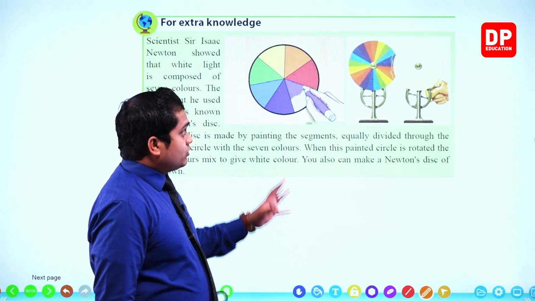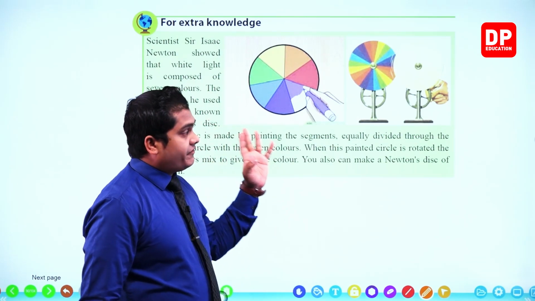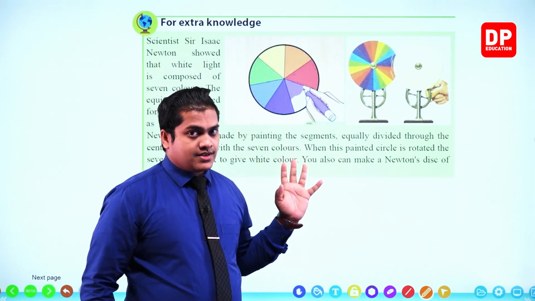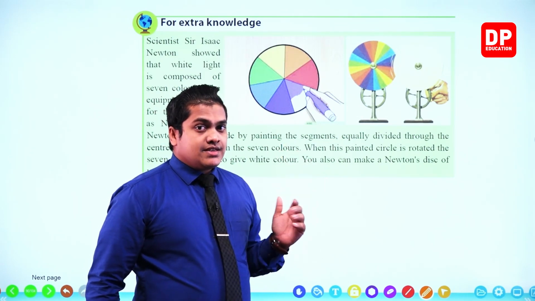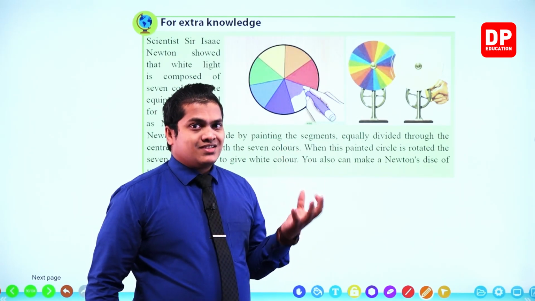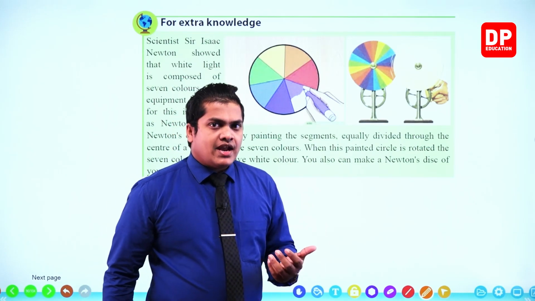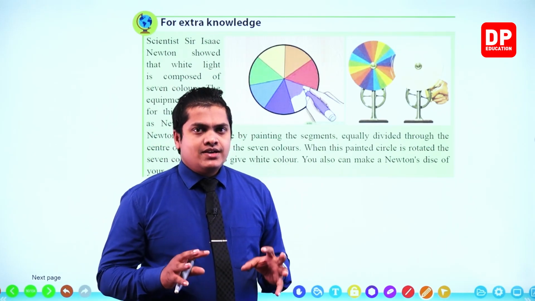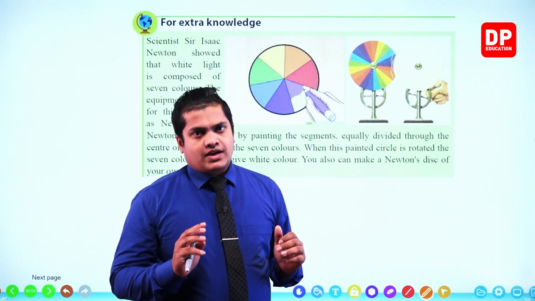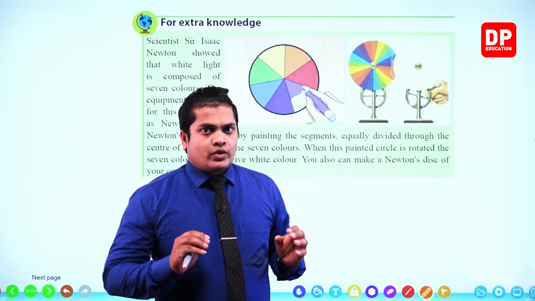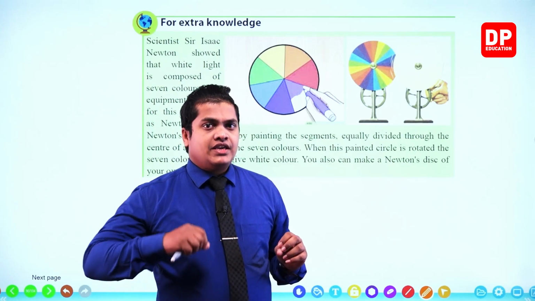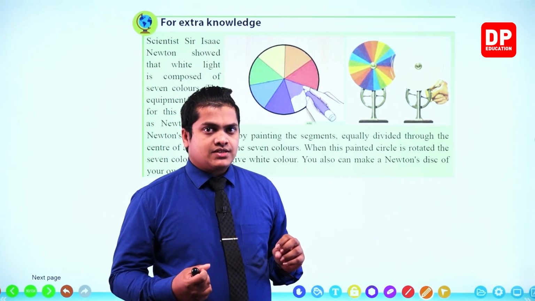Now this instrument is referred to as Newton's disc. This Newton's disc was prepared by Sir Isaac Newton, a great scientist, in order to prove that the white sunlight contains 7 different colors, the colors of the rainbow. So he used this equipment, and he rotated it quite fast.